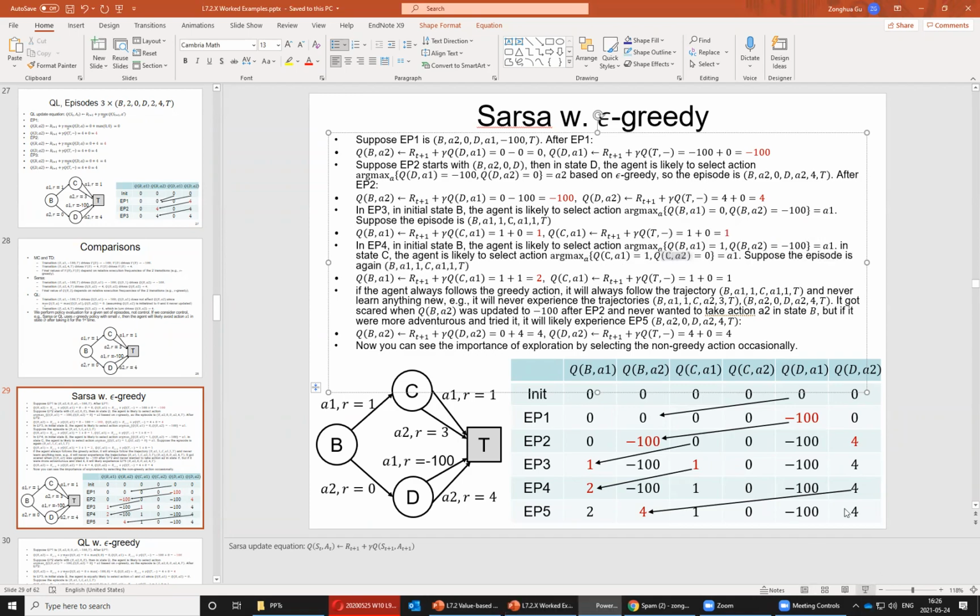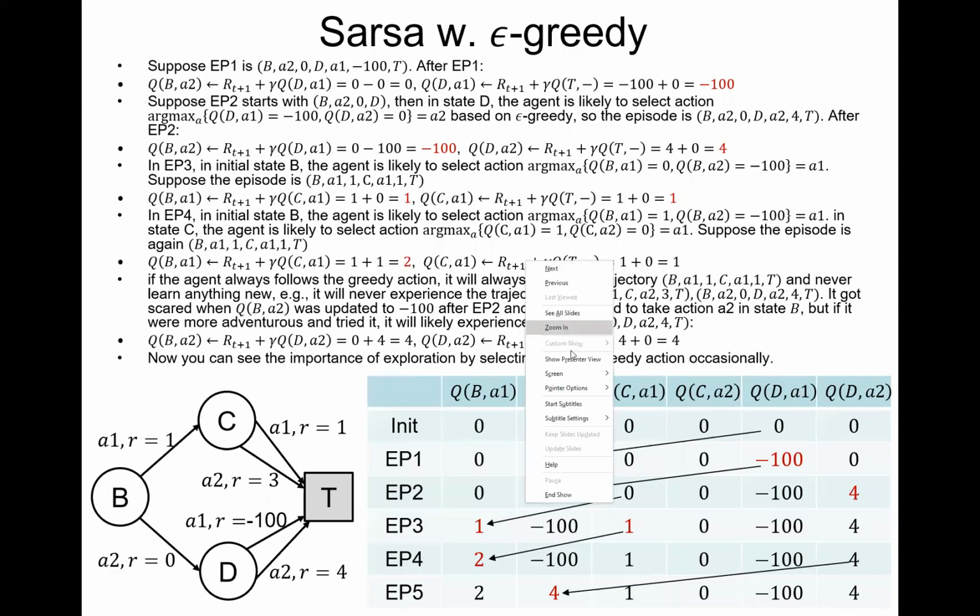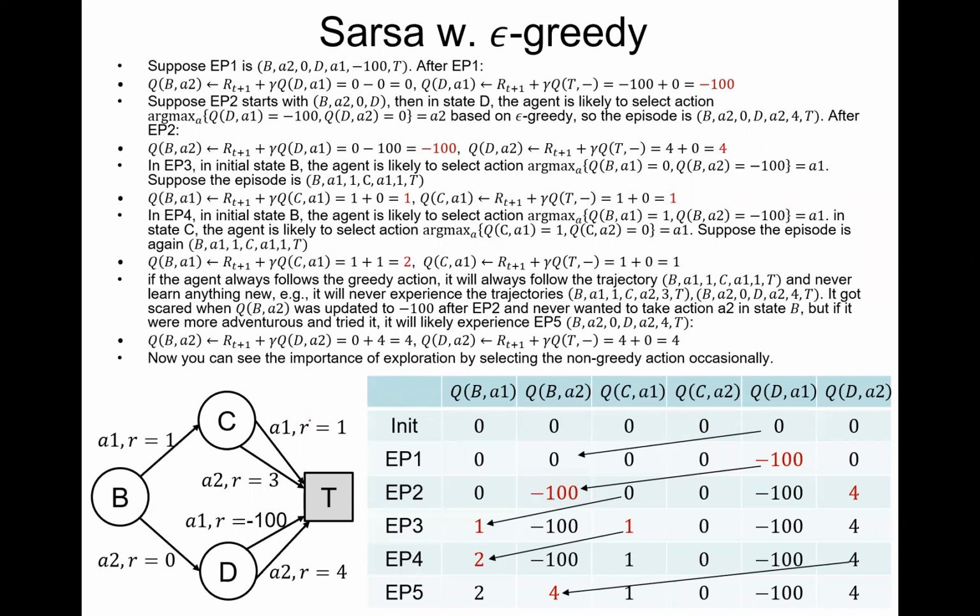Okay. So from C, now you look at the QCA1, QCA2. So the argmax is A1. So suppose you use epsilon greedy, and you're likely to choose action A1 from C. So you're likely to experience the same episode again.